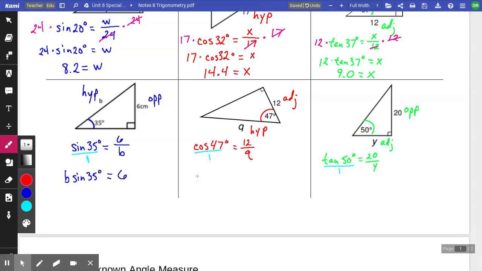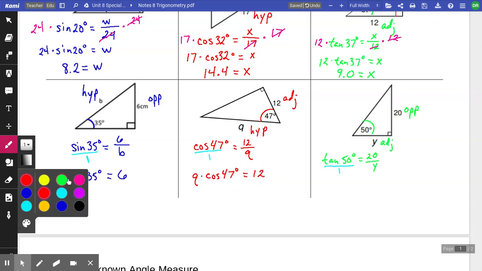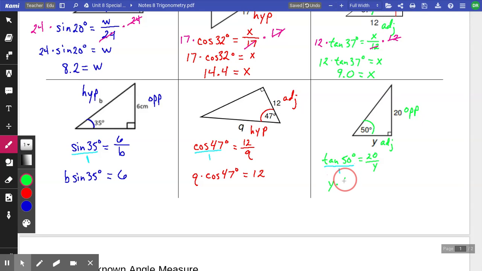Cross multiply, we're going to get q times cosine of 47 degrees equals 12 times 1, or just 12. And in that last scenario, we get y times tangent of 50 degrees equals 20 times 1 is just 20. Okay, go and put that multiplication symbol here.